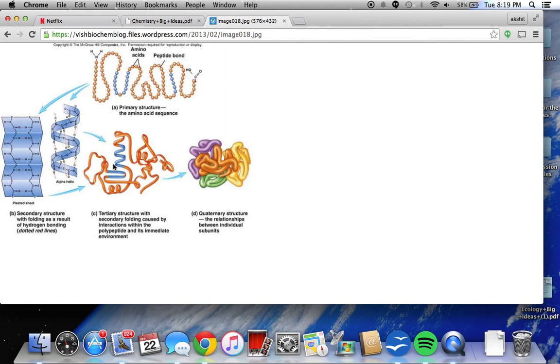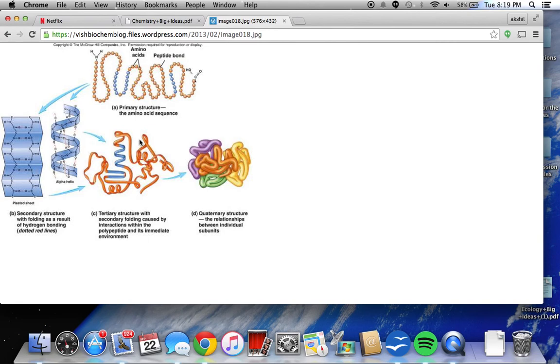Tertiary structure happens when the secondary structure folds in on itself, making cool shapes. This happens because of a whole bunch of bonds. It could be because acidic and basic amino acids are ionic bonding with each other, more hydrogen bonds, polar covalent bonds, attraction to water, or avoidance of water.